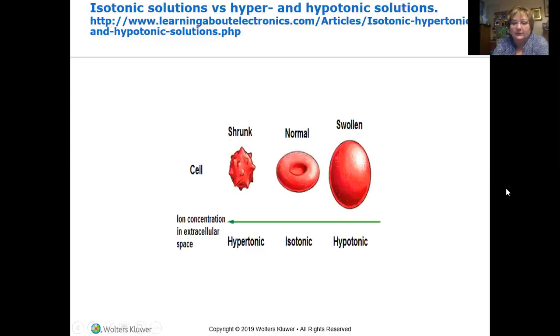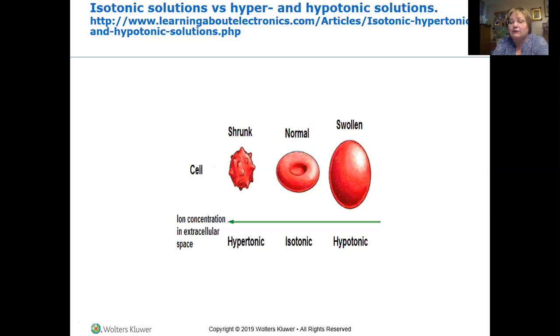So let's go to this picture, which I got from a different website. Let's look first at normal. This is looking at a red blood cell. If the serum surrounding my blood cell has a normal sodium level, then there's going to be a normal osmolarity.